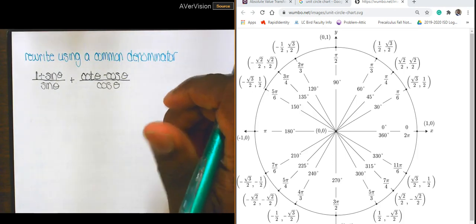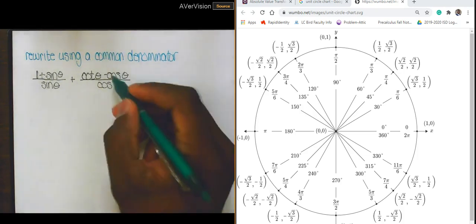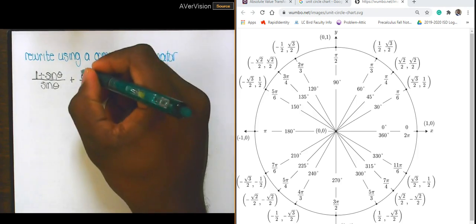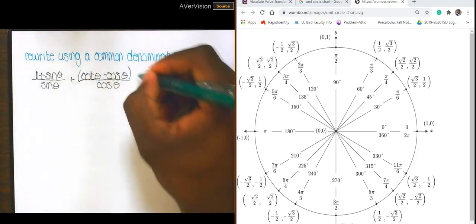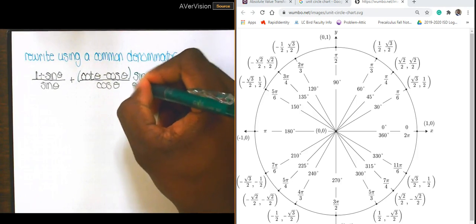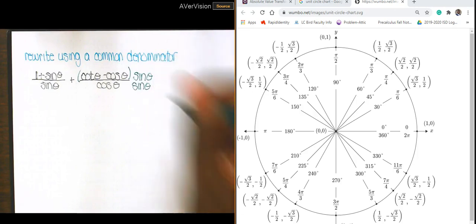What is the butterfly method? So multiply this side by a sine. You have to do both, top and bottom.